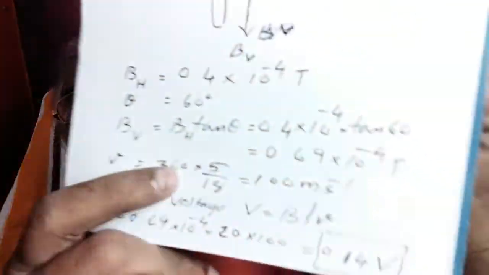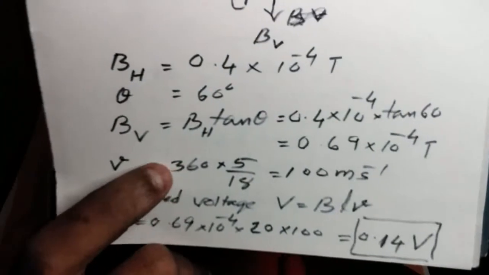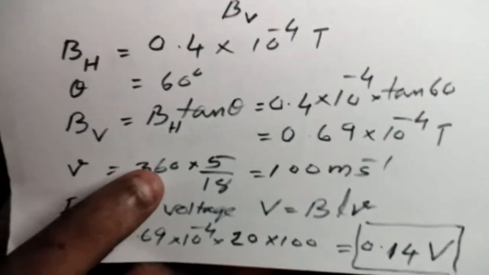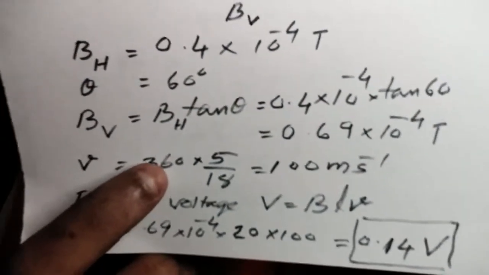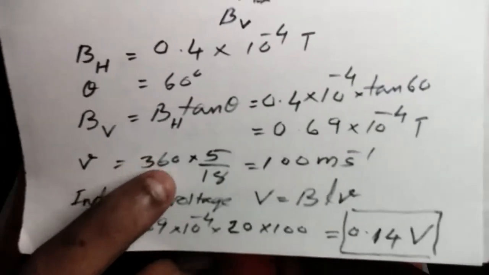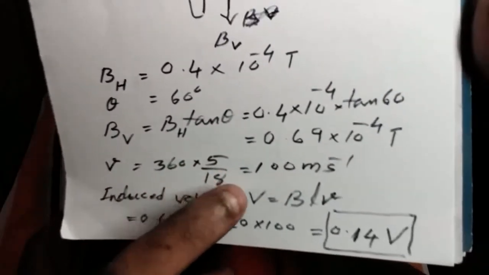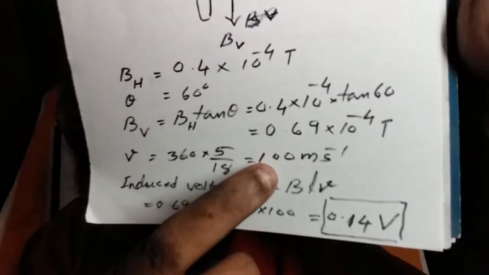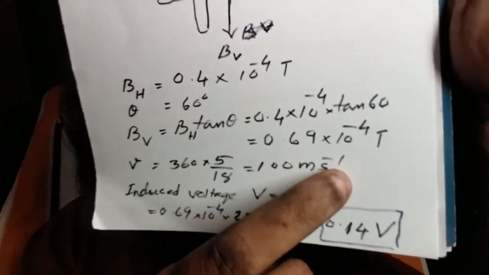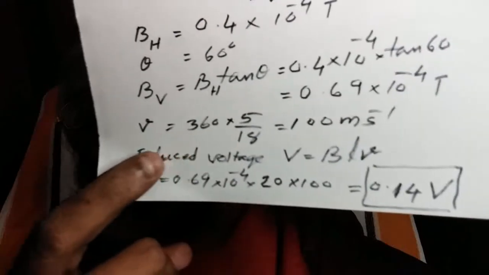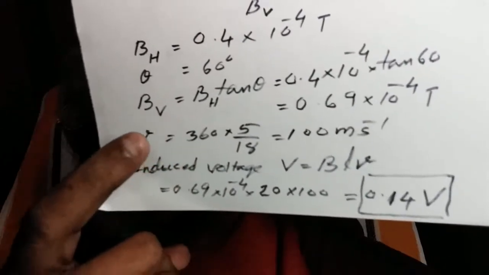Then the velocity of the plane is 360 kilometer per hour. You should convert it into meter per second. So 360 into 5 by 18, that is 100 meter per second. Length of the wings is 20 meter.